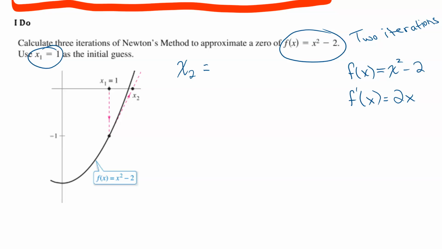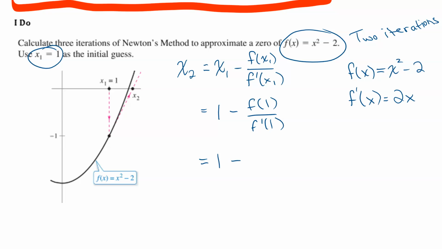So we've got x2 equals x1 minus f of x1 divided by f prime of x1. And it's just a substitution game now. So I've got 1 minus f of 1 divided by f prime of 1. f of 1 is going to be 1 squared minus 2. f prime of 1 is going to be 2 times 1.